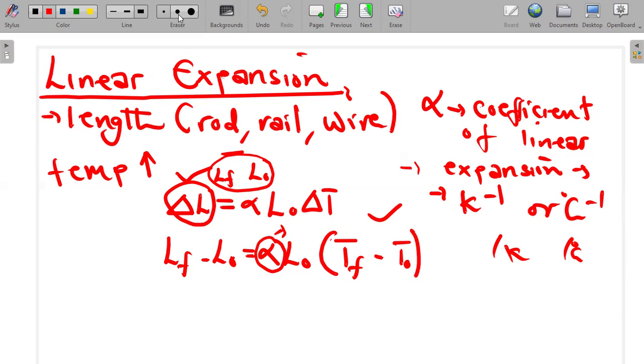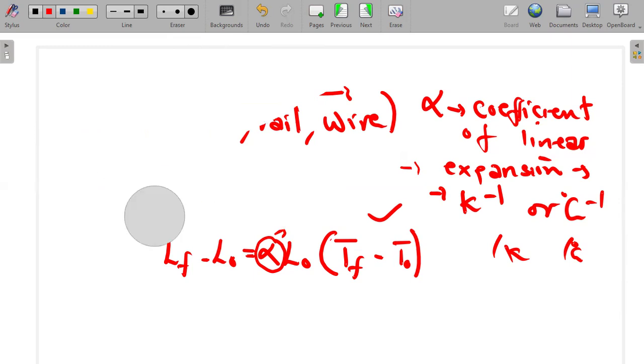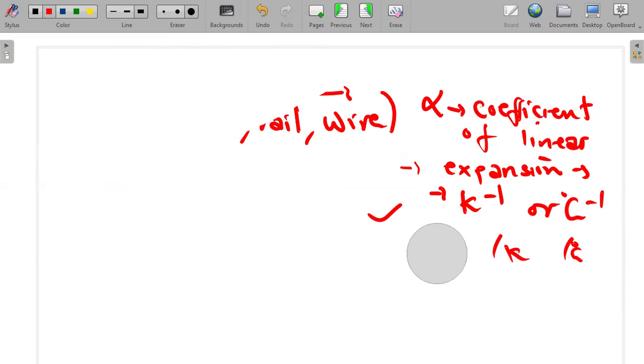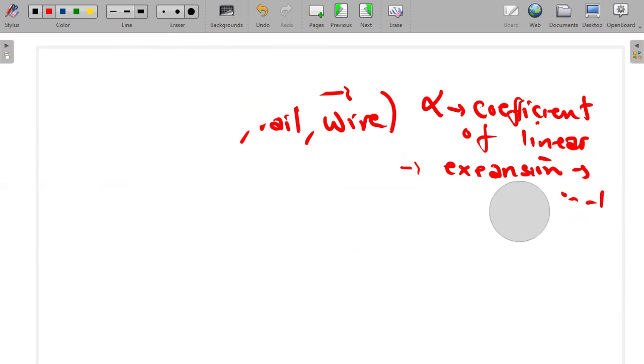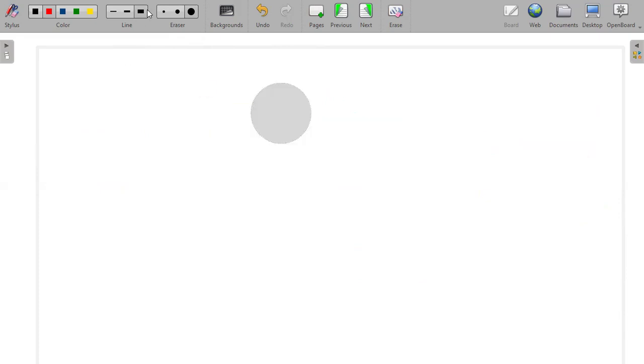We can talk about area expansion also, which is just two-dimensional expansion. Okay, so we can look at area expansion.